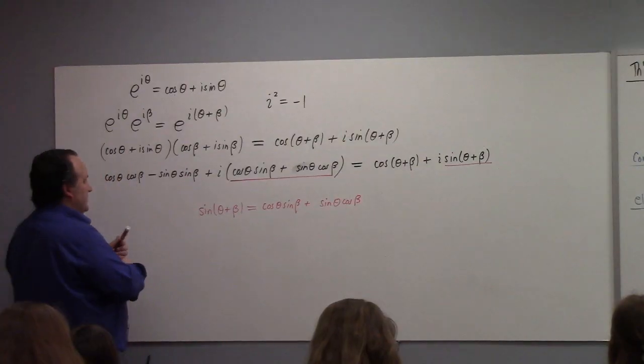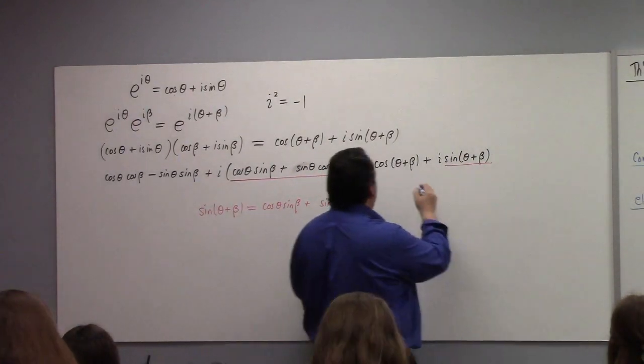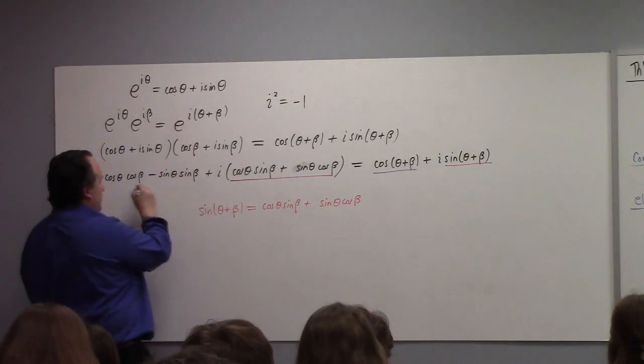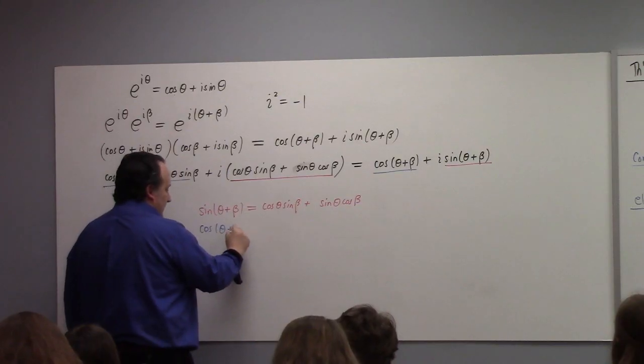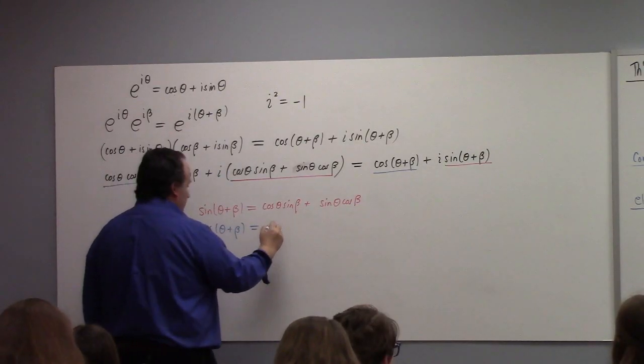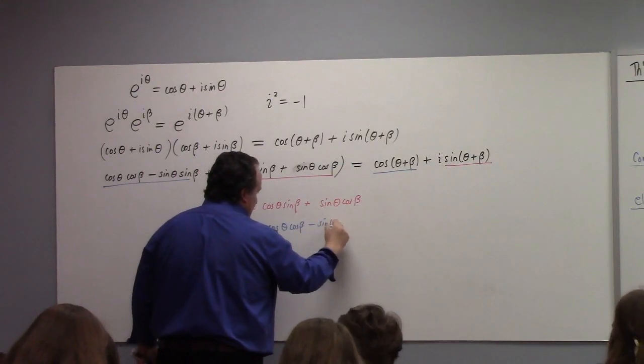On the flip side, the real part also has to be equal. So the cosine of theta plus beta is equal to cosine theta cosine beta minus sine theta sine beta.